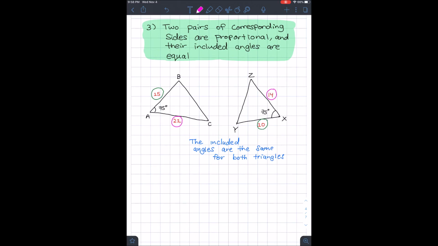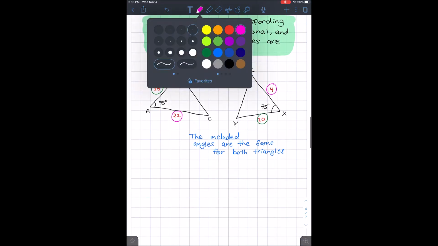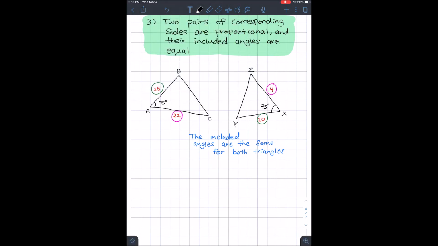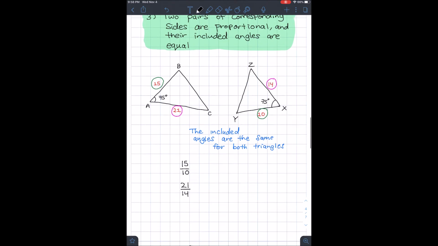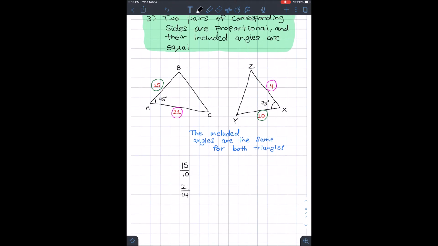Now we can write our fractions like we did in the second condition. So we can write 15 over 10, and we can write 21 over 14. Now, can we simplify these two fractions?